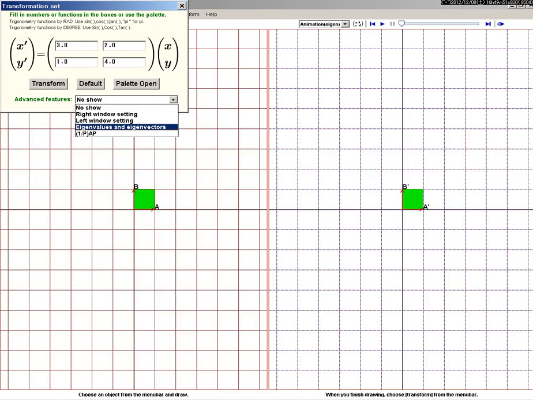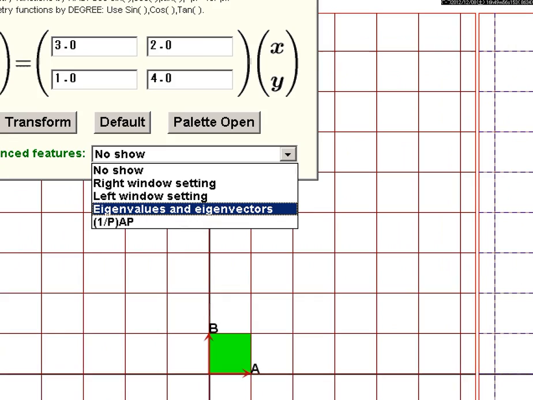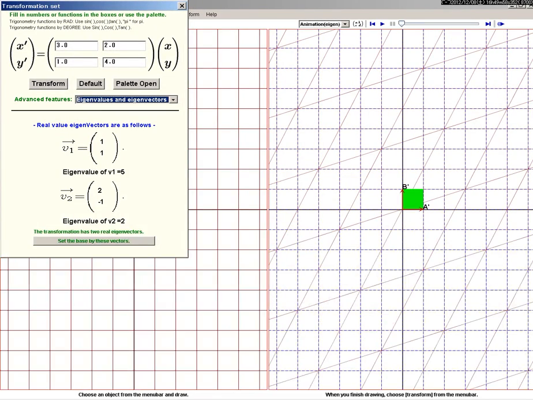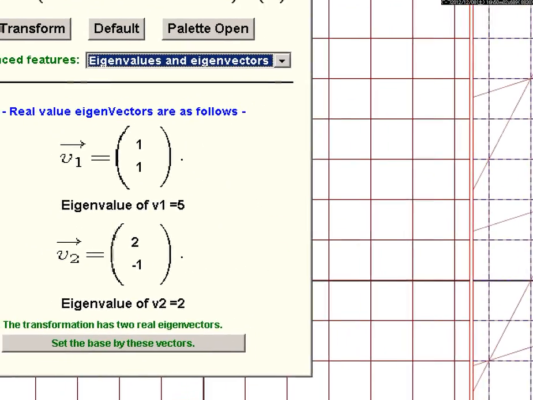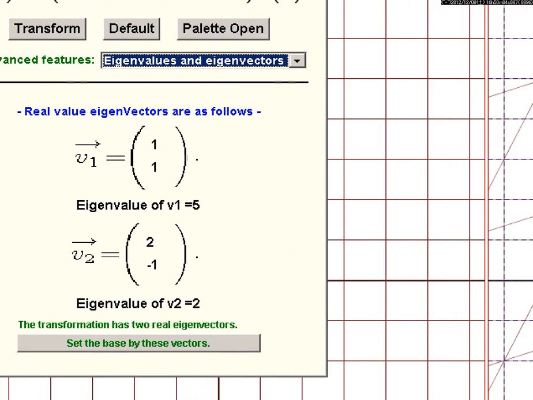You can calculate eigenvalues and eigenvectors from here. This is the eigenvectors and eigenvalues, and we are going to set the base by these vectors.